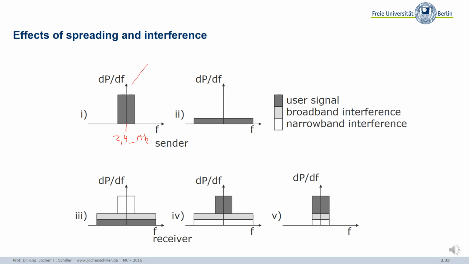It depends on whether you call this narrowband, but let's say this is 20 megahertz. And you need a certain amount of energy to transmit your bits. So that's a strong signal, okay?